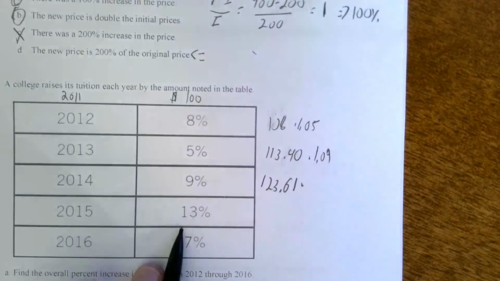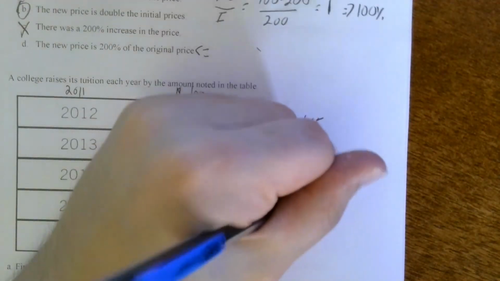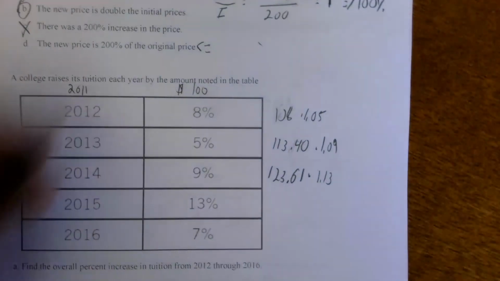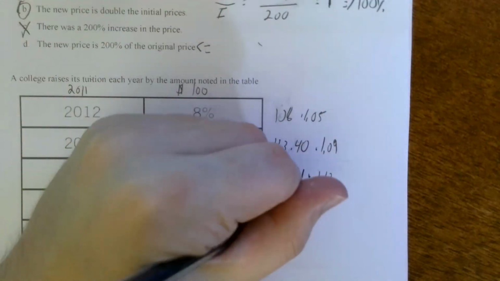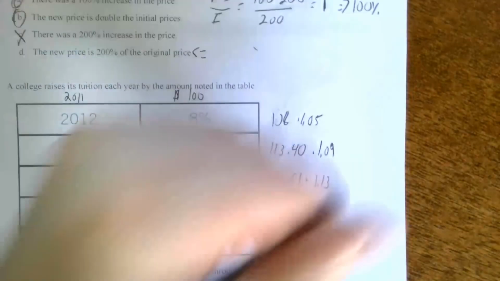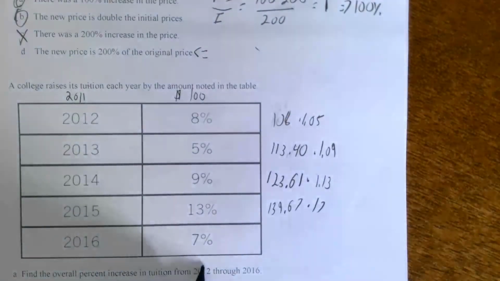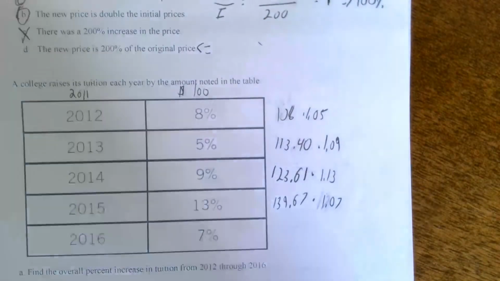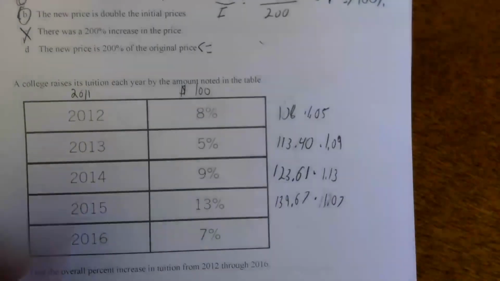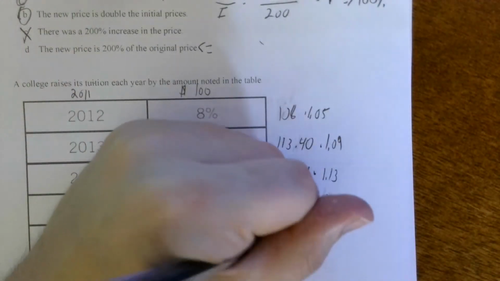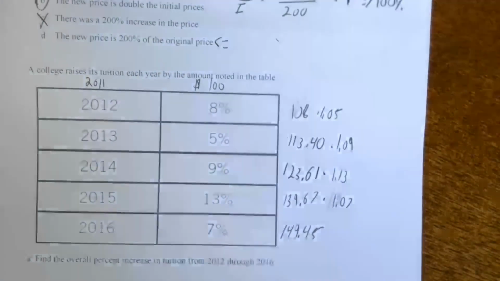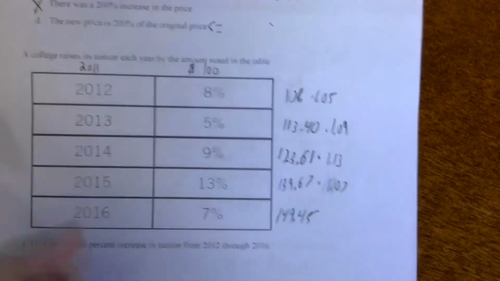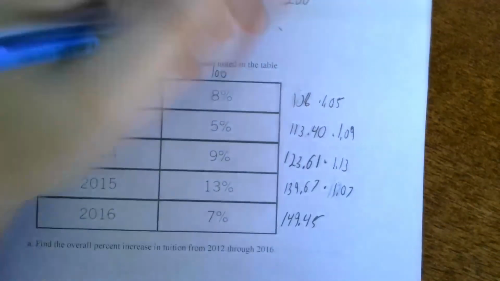We're going to multiply that by a 13% increase, which is 1.13 as a multiplier, and we get $139.67. And we're going to multiply that by a 7% increase here, so it should be 1.07. So we end up with $149.45.